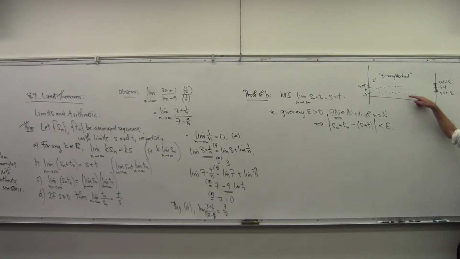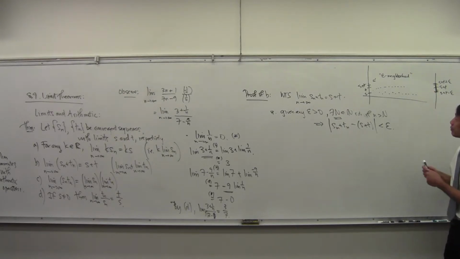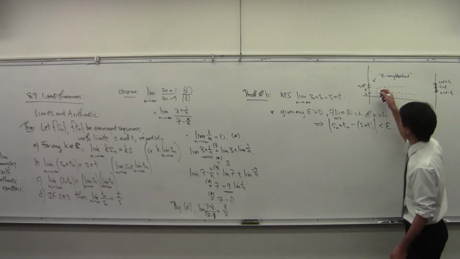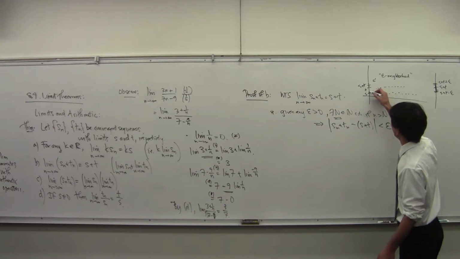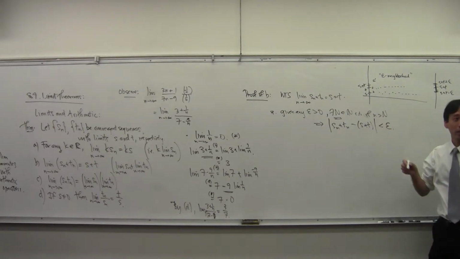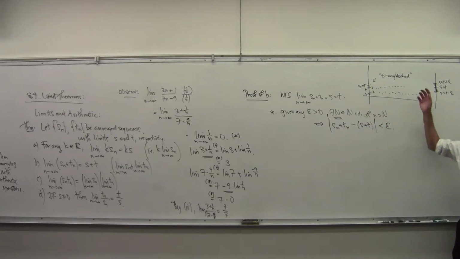We can make everybody within some epsilon of S. We can make everybody within whatever epsilon we want of T. Maybe it's better to use a different word than epsilon, so I'm going to say alpha neighborhood, beta neighborhood. Okay. We can make everybody within alpha of S. We can make everybody within beta of T. How does that get us to make everybody within epsilon of S plus T?